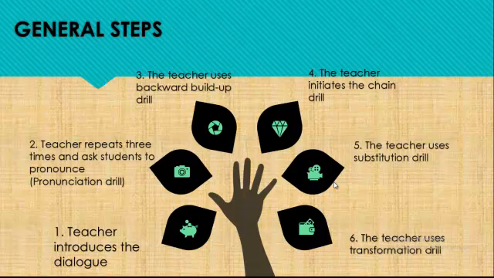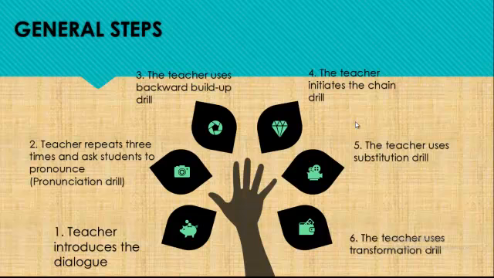And then the third is the teacher uses backward build-up drill. It means that the teacher should provide a sentence and say the last word of the sentence and go on to the full sentence.